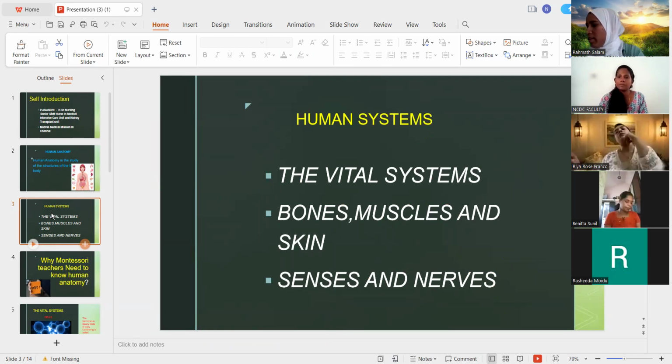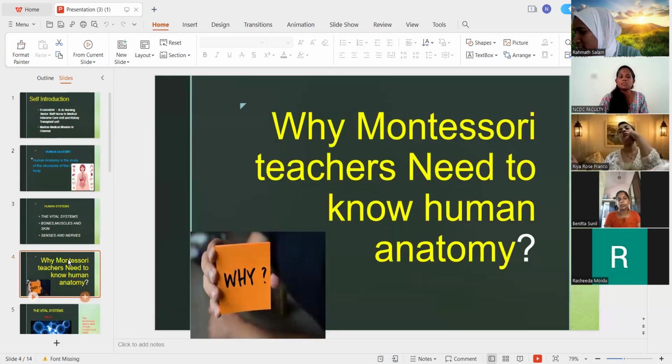The vital systems are the main systems involved in health development, the physical health of a kid. So these three things are very important. That's why we Montessori teachers need to know about human anatomy.